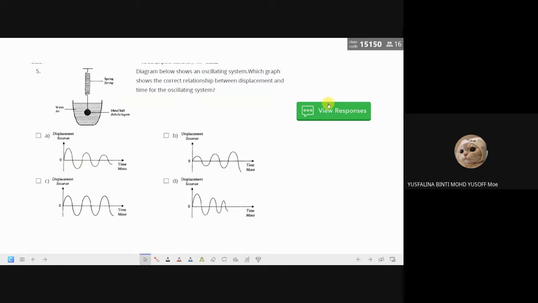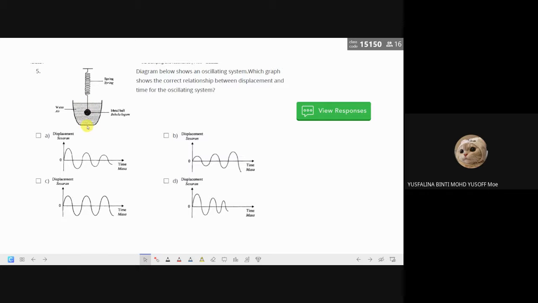Alright. So it says the diagram below shows an oscillating system. Which graph shows the correct relationship between the displacement and time for the oscillating system? You can see here the amplitude will change. It will decrease because you can already see there's water here, so there should be water friction.